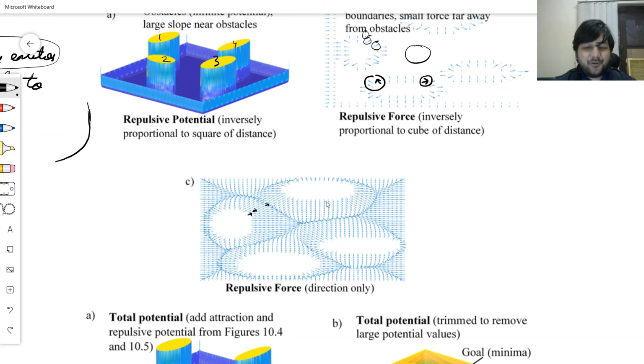Wherever you go, you will go as far from the obstacle as possible unless you reach this line, which is equidistant. At the equidistant line, you cannot go any further because whichever way you go, the obstacle will push you away. Here if I start, I'll travel here. Here if I start, I'll travel here. Here if I start, even this boundary is here, I'll travel here. So these are nice cartoons that help you visualize the forces.